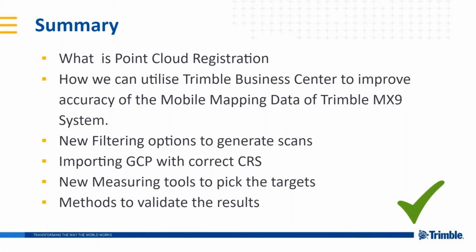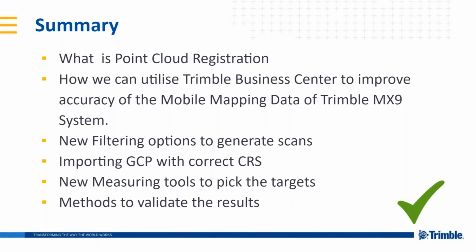So basically we understood what is point cloud registration and why we need to do it, and the most important, how you could benefit from using Trimble Business Center to improve the accuracy of our mobile mapping MX9 system. We also saw some new nice features, from filtering to generate clean data that will improve the measurements of your work.